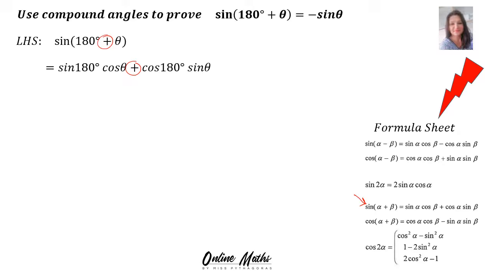Then sin 180 is 0 times cos theta, and cos 180 is negative 1 times sin theta. And then 0 times cos theta is 0, plus minus 1 times sin theta is minus sin theta. And that is the reason why sin of 180 plus theta is equal to minus sin theta.